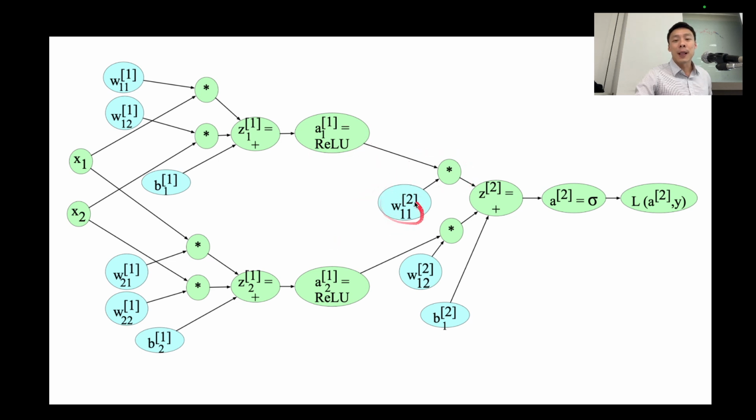This is the first hidden layer, and then you connect it to the output layer. You weight these two using these weights, and then you sum it up, apply the activation using sigmoid, and that's your loss.